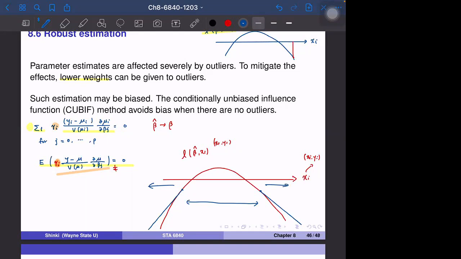So we at least reduce the effect of outliers. Often this red curve is the quadratic function, but we just use the linear function outside of some range. In this way, since the likelihood function is not affected if the observations are not outliers, if there are no outliers, we still have the good properties for beta hat.